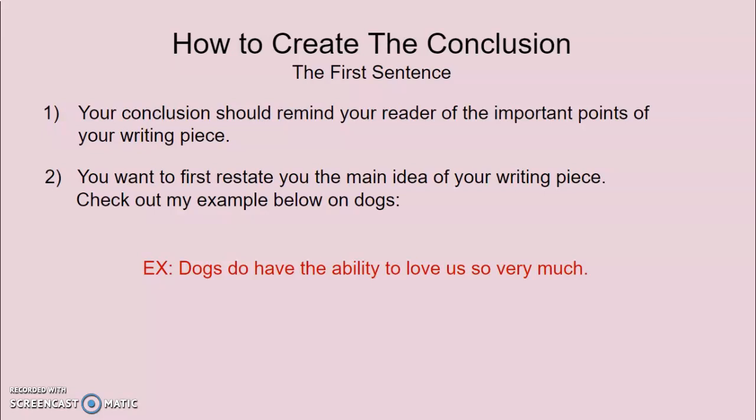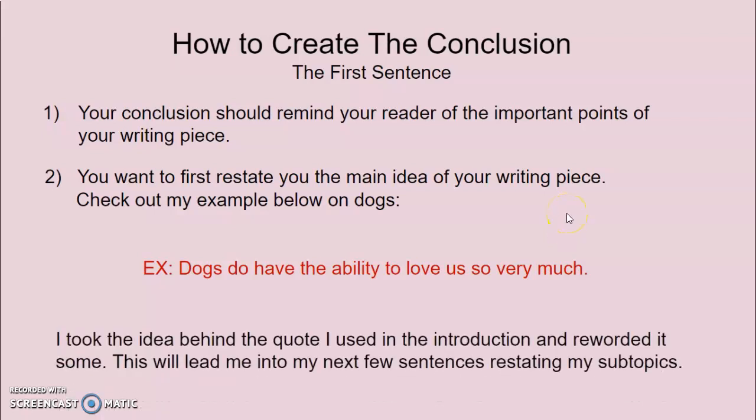I just want to use the idea. He talked about how dogs show love for us more than we show love for ourselves. So I took the idea of how dogs love and put it into a new sentence: Dogs do have the ability to love us so very much. I took the idea behind the quote in my introduction and I reworded it.